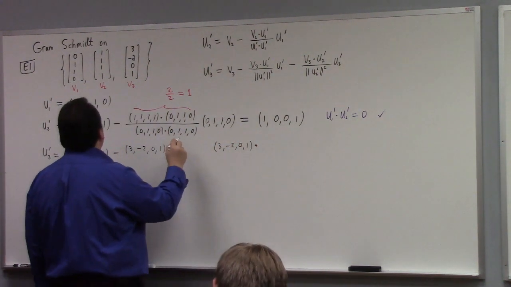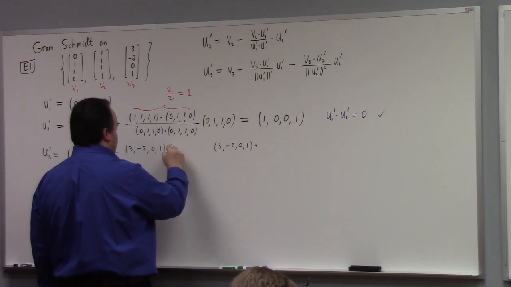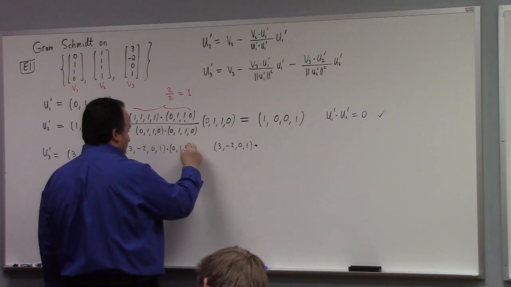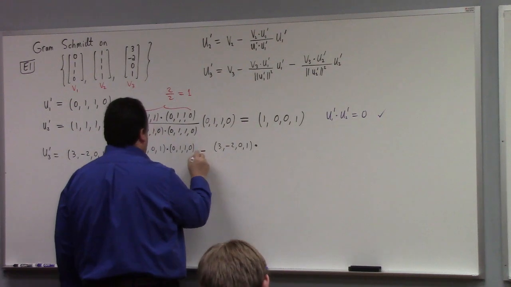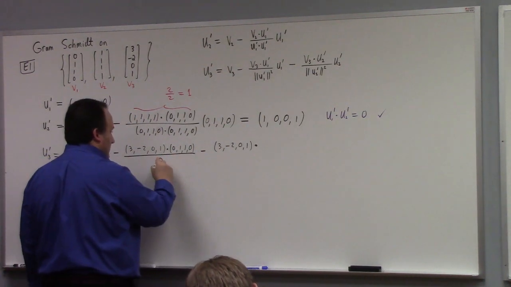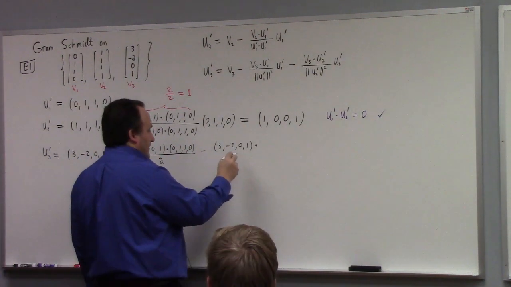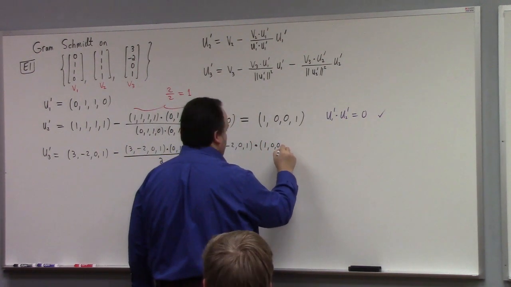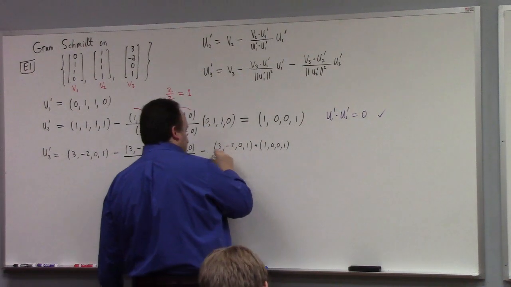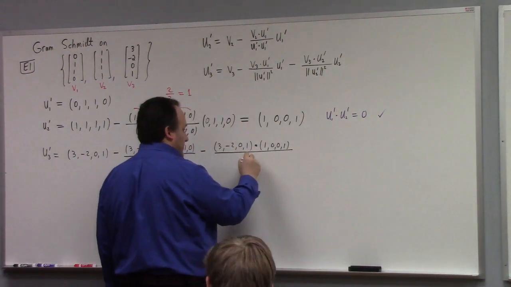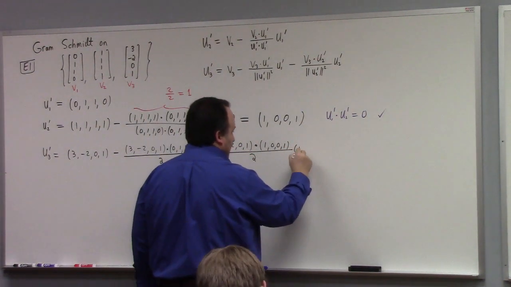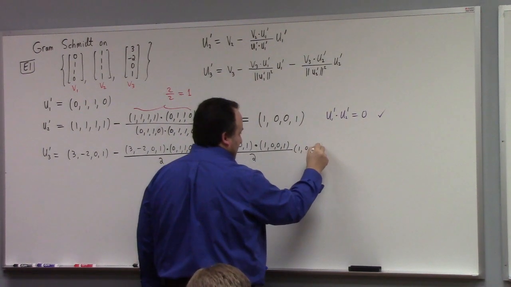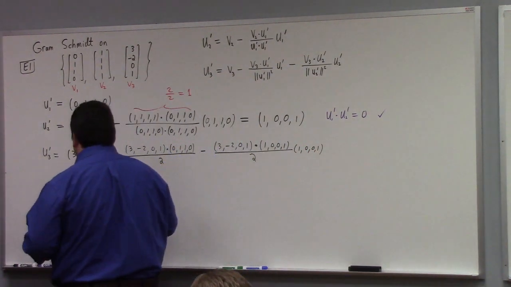So the first dot is with my U1 prime, which is 0, 1, 1, 0, divided by 2. And then this one, 1, 0, 0, oopsie, I made a mistake again, divided by 2 times 1, 0, 0, 1. You guys tell me my mistake. It's fairly obvious.